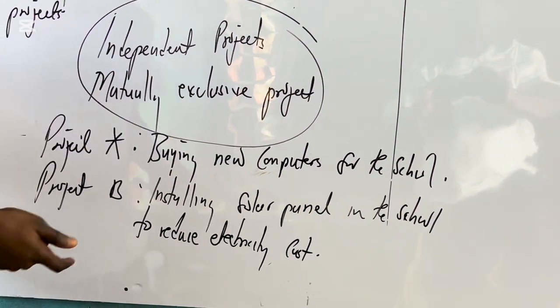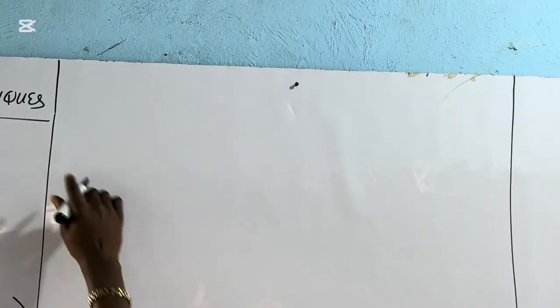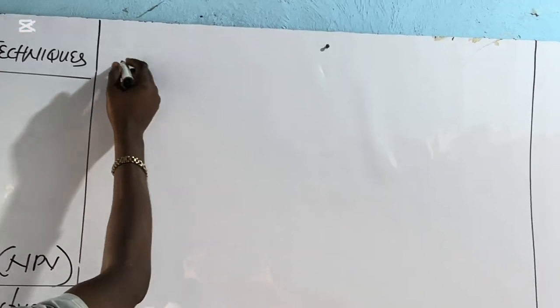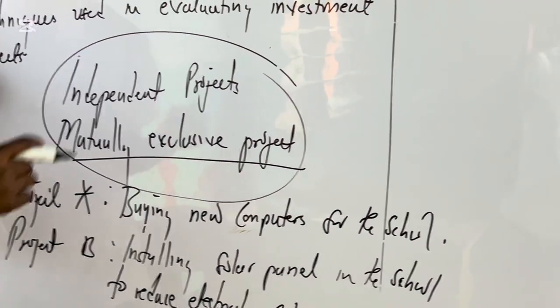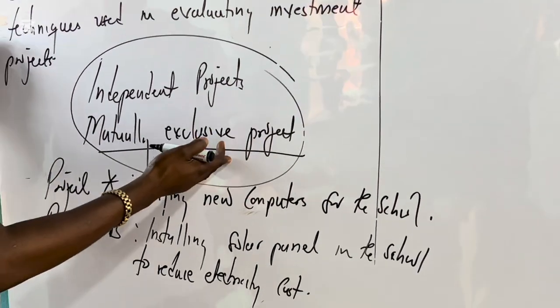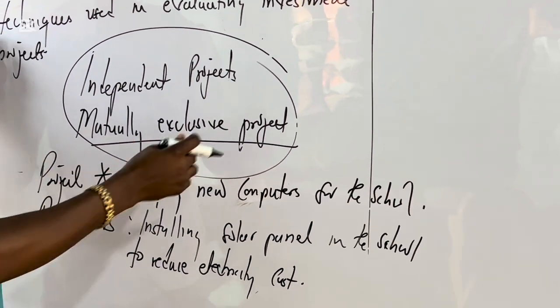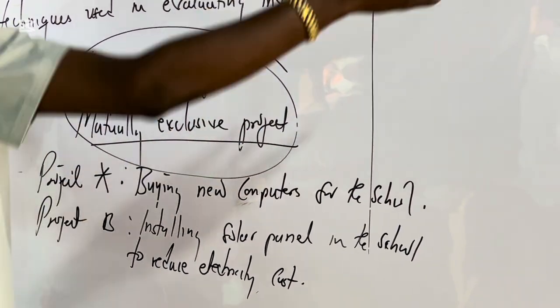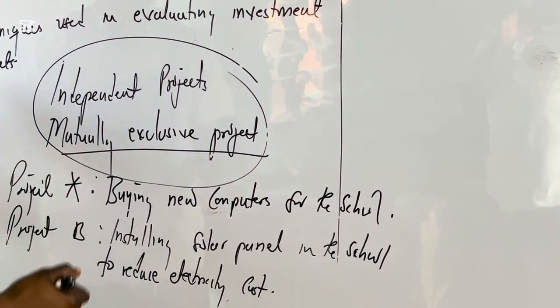Unlike the mutually exclusive project, where we say two projects are said to be mutually exclusive when you cannot accept the two projects at the same time. That is, accepting one will mean rejecting the other one, or rejecting one project will mean accepting the other project.